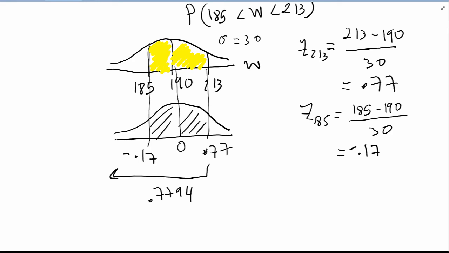So now we want to know what percentage of the data is below this tail right here. For that we need to read the negative table at 0.17.